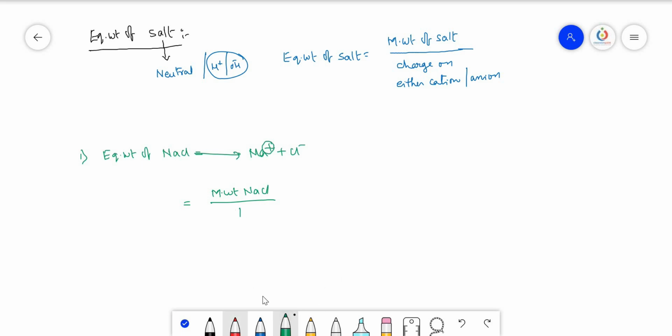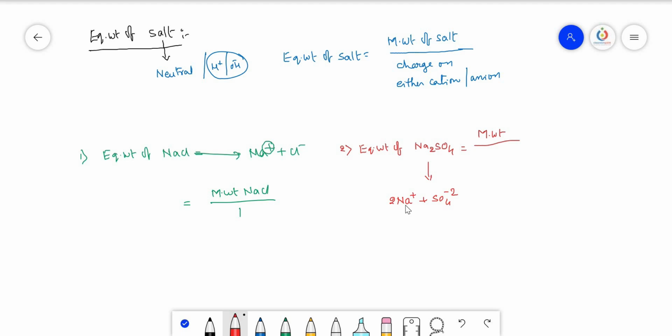And similarly, let us take the equivalent mass of Na2SO4, sodium sulfate. Here it is equal to molecular weight divided by the charge. Na2SO4 dissociates into 2 Na plus ions and SO4 2 minus ion.